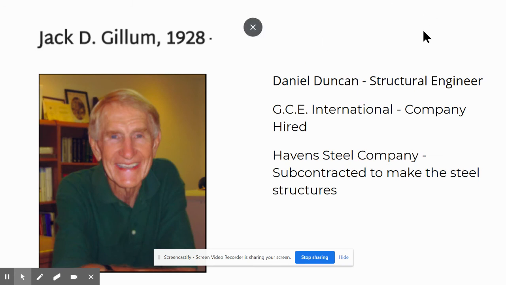So the professional engineering license was removed, but not for the whole United States. It was removed for Missouri, Kansas, and I think one other state. I don't really know what the other state is. And then they said that Haven Steel Company wasn't found at fault because they were just doing what they were told. And so again, it depends. It's just interesting. So 114 people were killed by someone overlooking something.